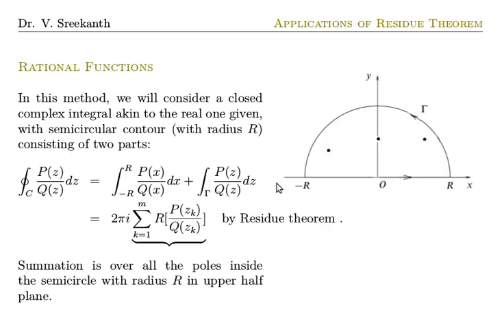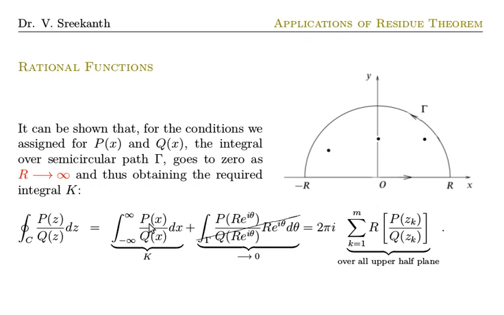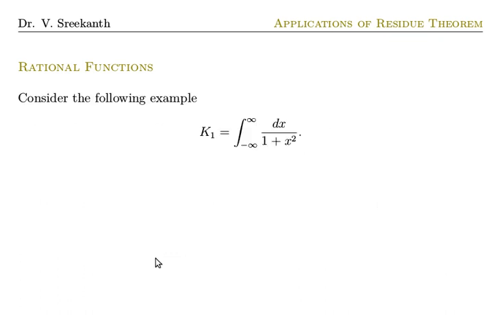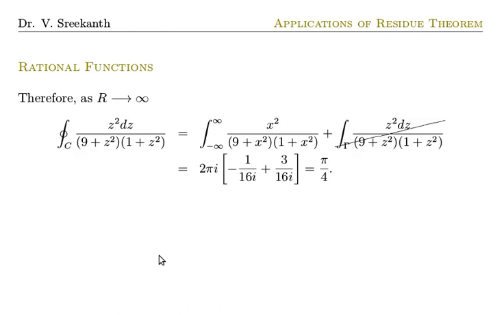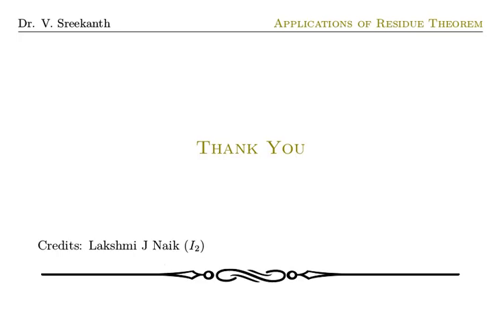So if these are met, you can consider the entire integration in the complex plane with a closed contour like this, where one part is from minus r to r, and another part is over this semicircle, and with these conditions this part will not contribute, so only this will remain, and in the limit r goes to infinity, this is nothing but the desired integral. So these three types of integrals we saw how we can do with the residue theorem. These are the applications of the residue theorem that we need to know.